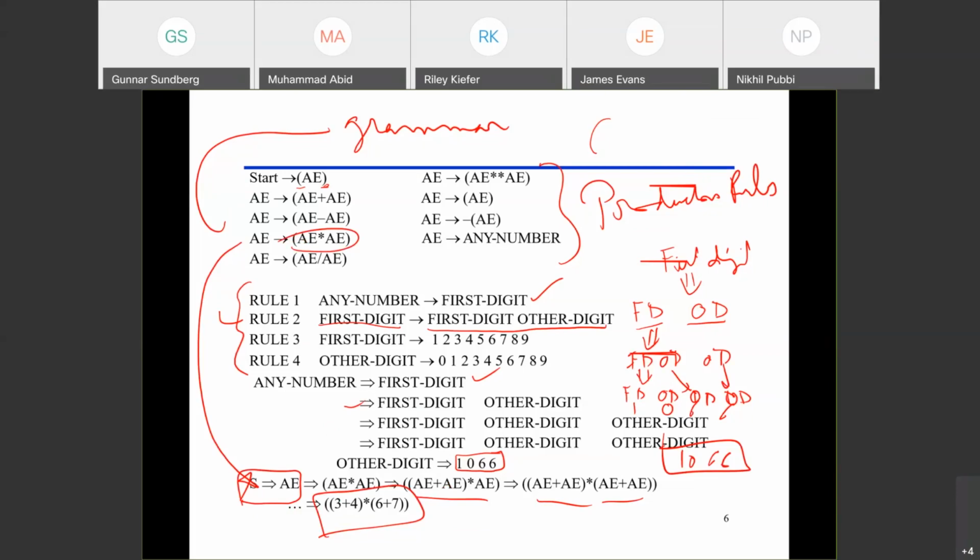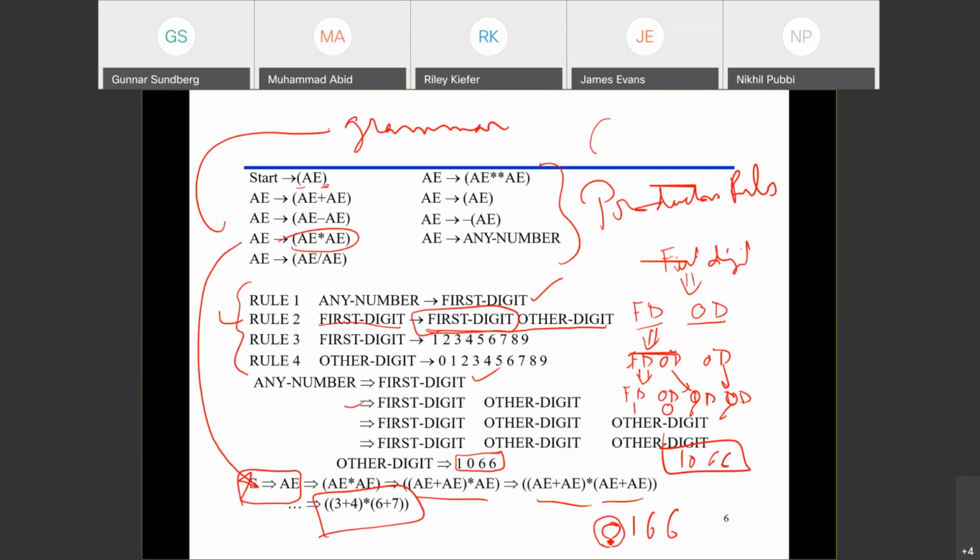Sometimes you have an invalid sentence which is not according to the template, and you are not able to generate it. Let's say I give you one example. If I have the word 0166, I am not able to generate that, because you always have first digit at the first place. You will never have other digit at the first place, because this is the only rule here. So there is no way you can generate this zero at the first place.